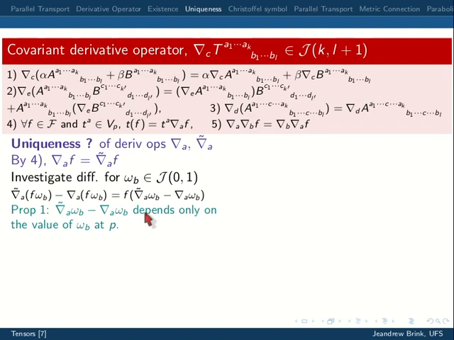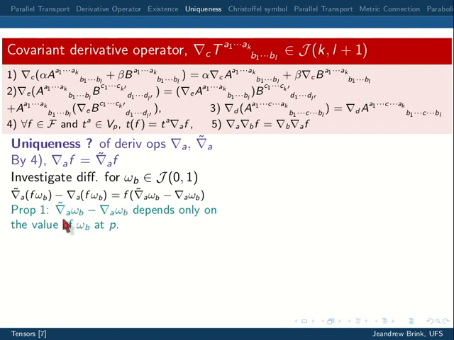The first theorem that now becomes important is, when studying the difference of two derivative operators applied to a 0-1 tensor, what we're going to show is that this thing depends only on the value of omega b at a particular point. Not on what it does off the point.